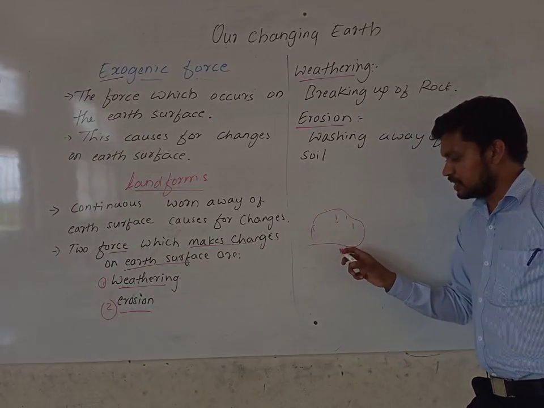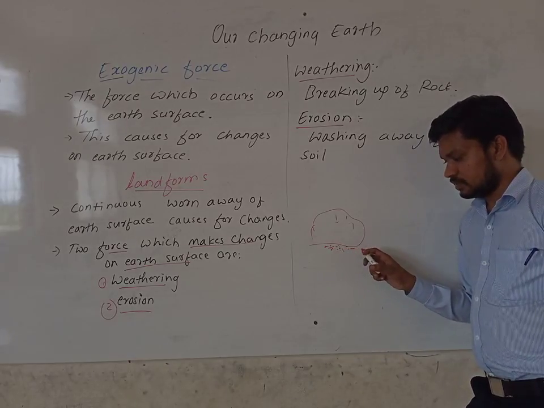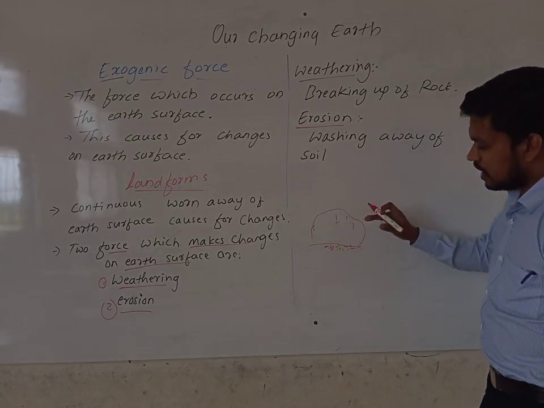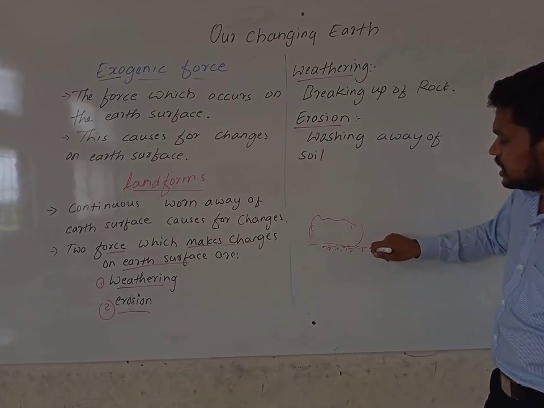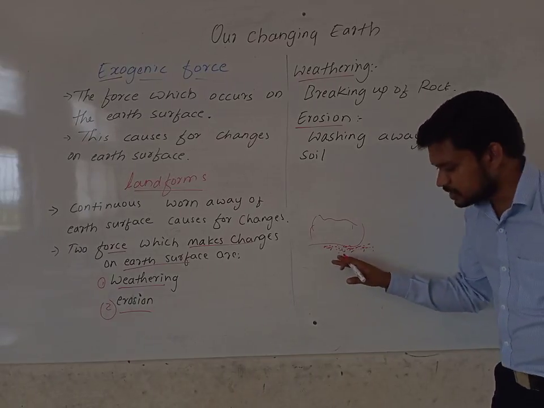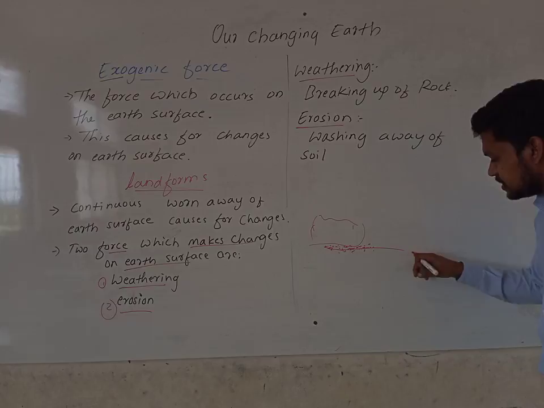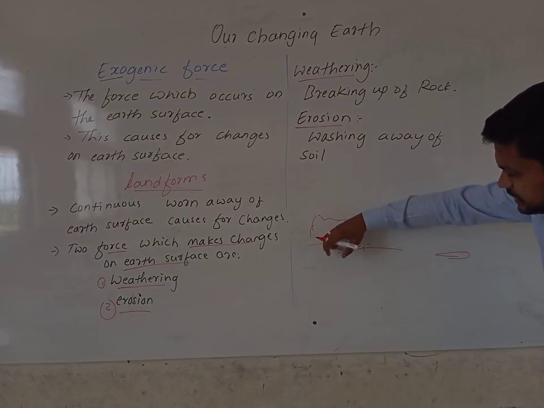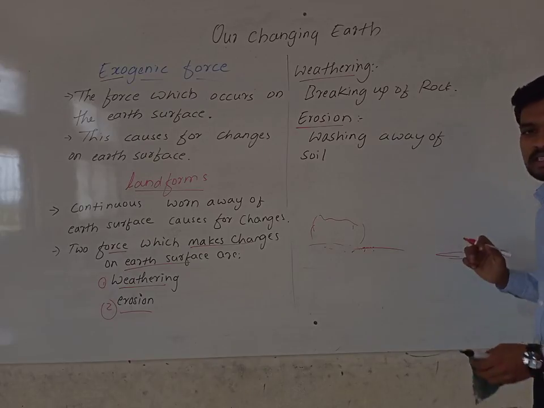These pieces fall down. When it goes through the same process for thousands of years, it will get many pieces at the bottom of this rock. These pieces of rock will be carried and deposited in some other areas. Taking away these sediments is called erosion.